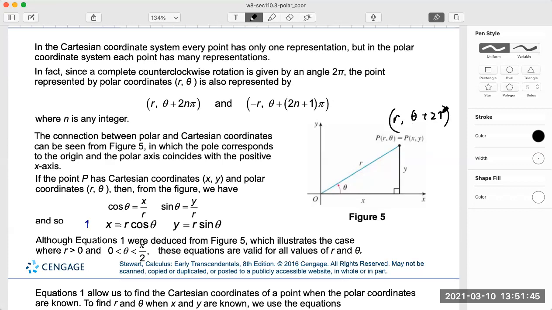It will finish one circle and go back to exactly this point. So this point will be represented by r and theta plus 2n pi, where n is an integer, right? We can go in the positive direction or the negative direction, okay? It is not unique.